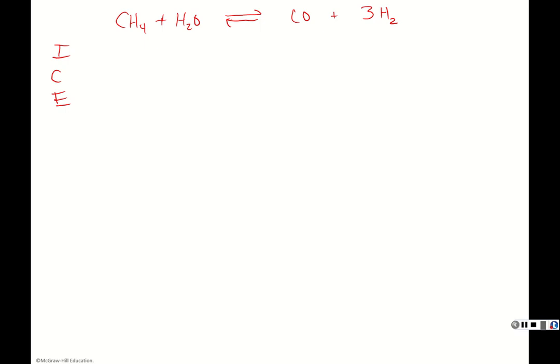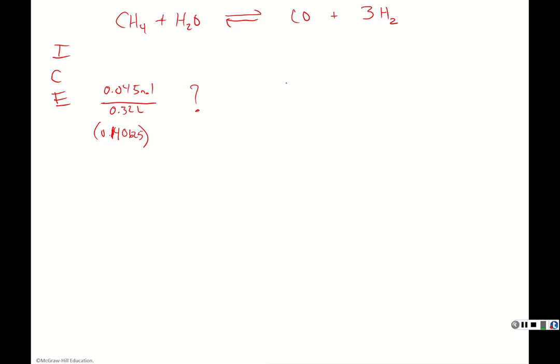Let's go through these. Methane was 0.045 moles in 0.32 liters, which is something like 0.140625 molar. H2O, we don't know that one.